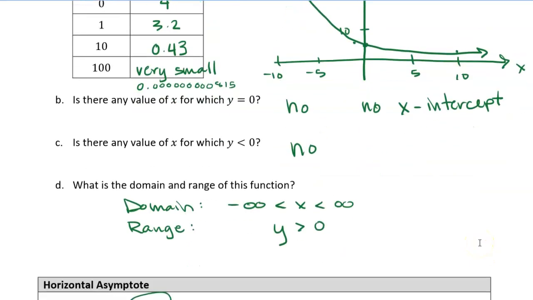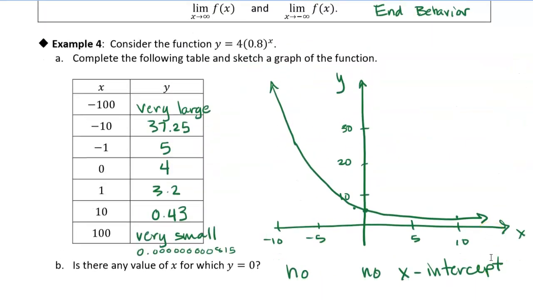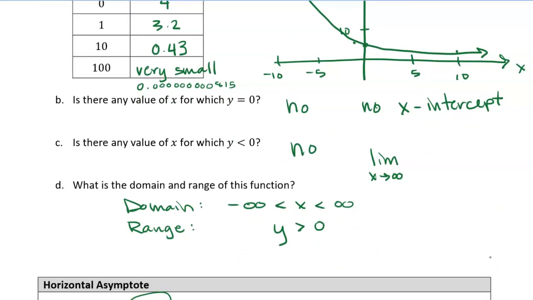It's not really part of the question, but we have the limit as x approaches infinity of this, which I didn't name, so I'll call it f of x. What is that?